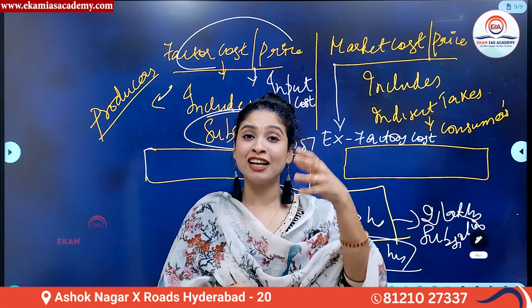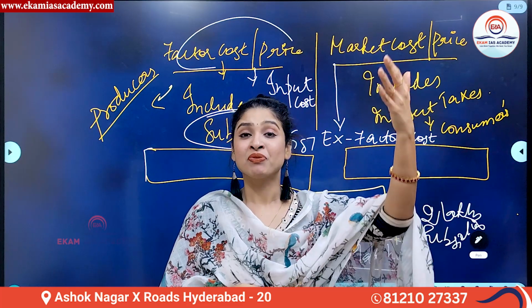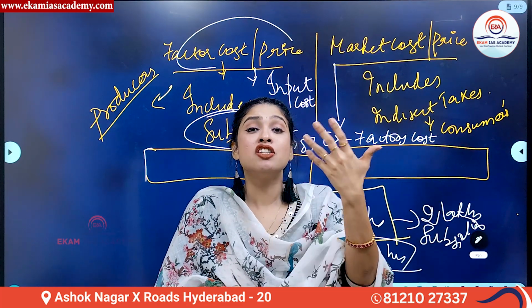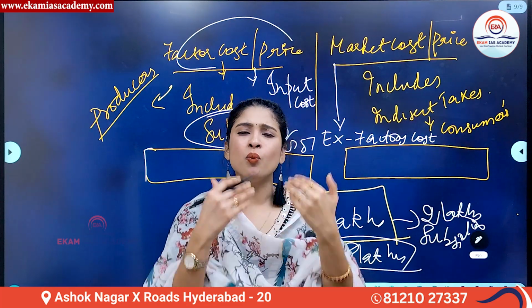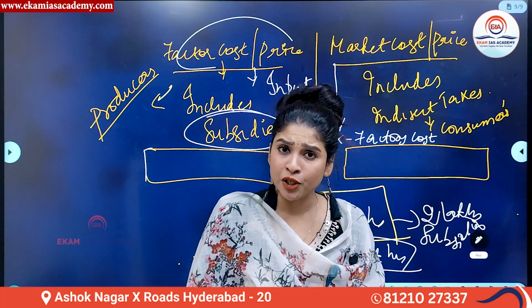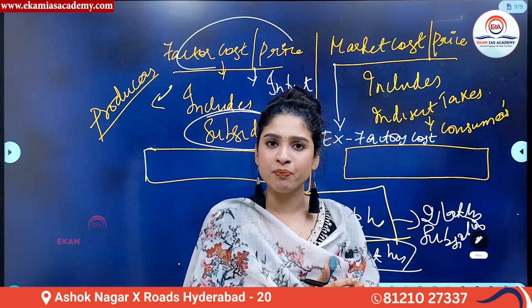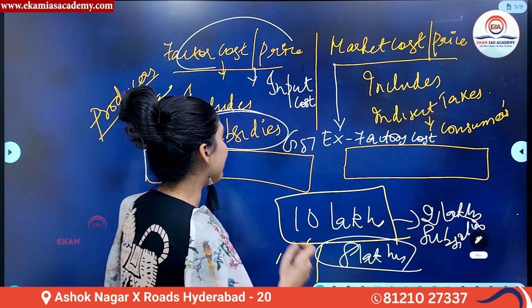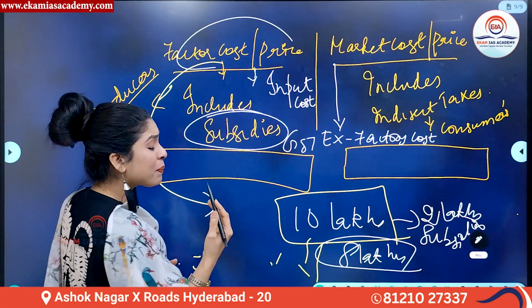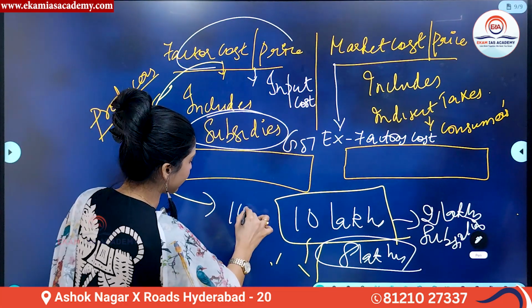Once this particular product leaves the factory and reaches the market, we the consumers purchase it. So now when you purchase the commodity, do you think you will be able to buy the commodity at a wholesale price? Definitely no. For example, at factory cost, the price of the leather shoe was 100 rupees.